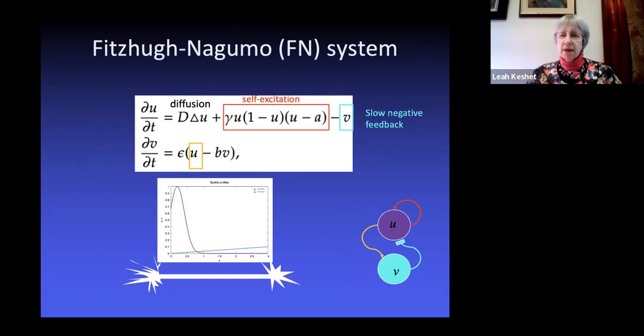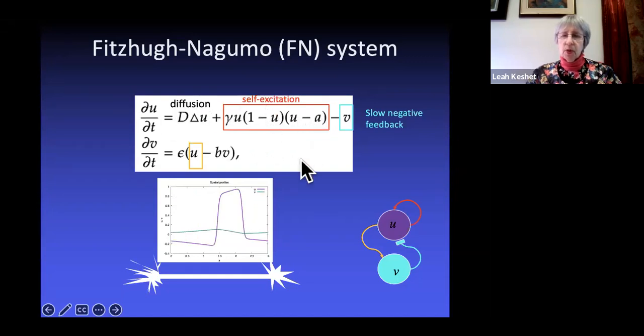So just to remind you, the FitzHugh-Nagumo model is basically PDEs. The main action is in a PDE that has a kind of self-excitation term. And then there's a refractory variable, which operates on a slightly slower time scale and which basically damps out the excitation.